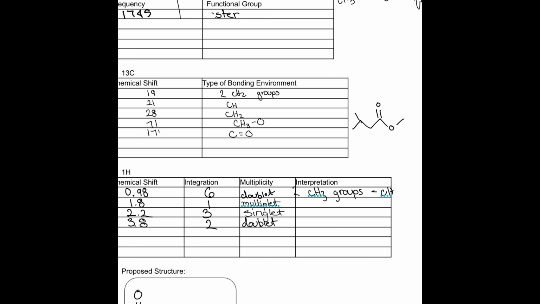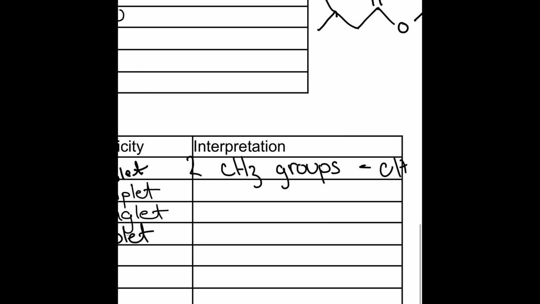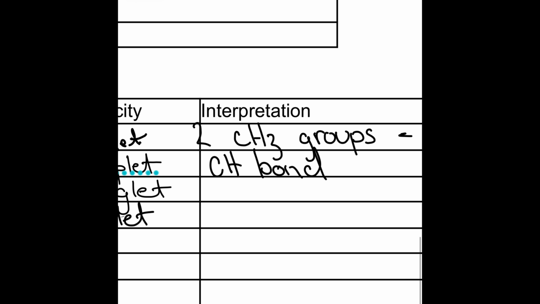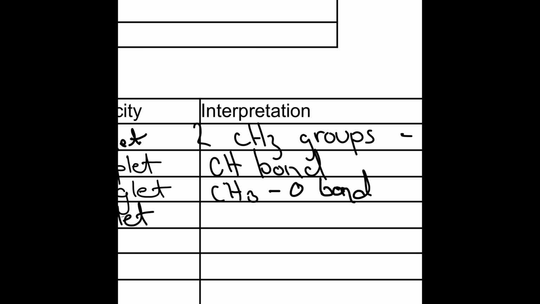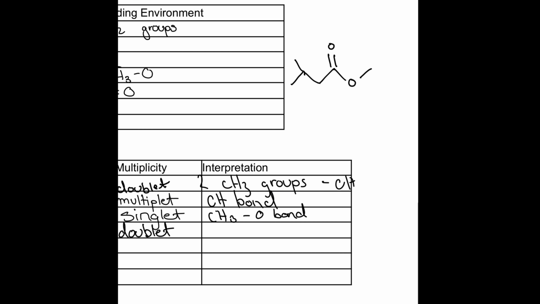And for the 1.8 chemical shift, the interpretation is going to be that CH bond. For the 2.2 chemical shift, the CH3. And for that 3.8 chemical shift, there is going to be a CH2 bond.